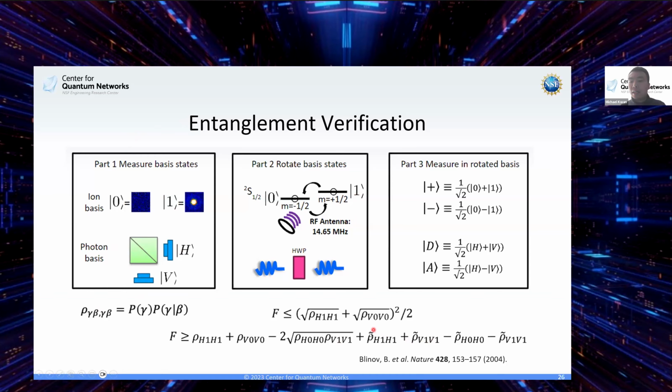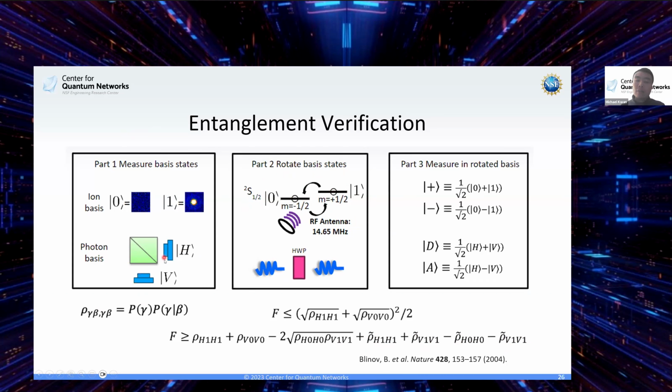Now, these rho tildes are density matrix elements measured in the rotated basis, rotated by pi/2. To rotate that for the ion, you need to use an RF antenna at 14.65 megahertz, which is the Zeeman splitting of the two ground states, and do an RF rotation.